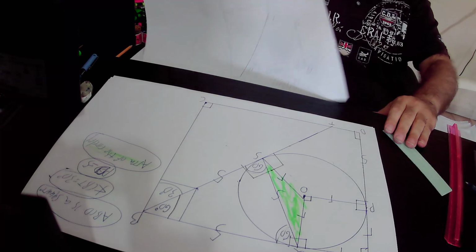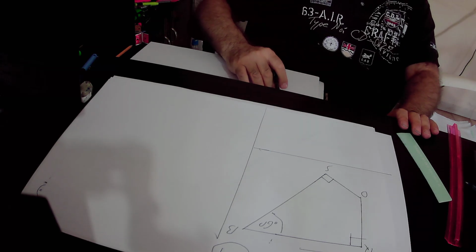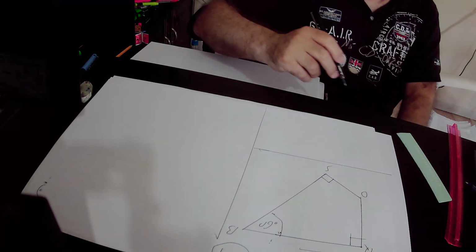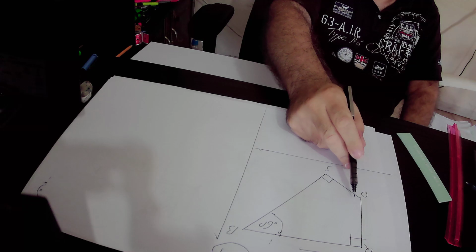So actually, this is quadrangle QBOS that I copied from the original drawing. What is the size of the missing angle? This missing angle.